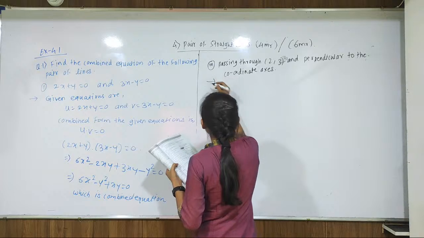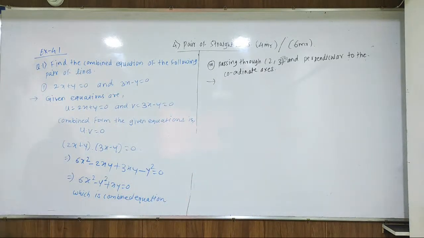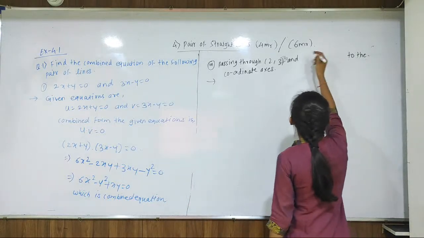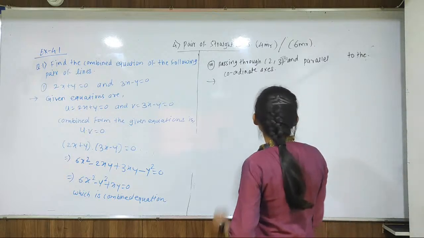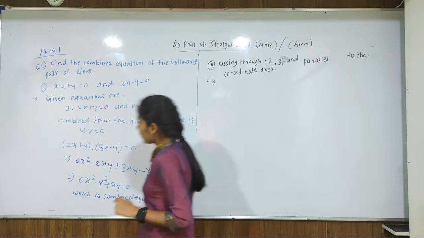So what is given? Passing through the point 2, 3 and not perpendicular, it is parallel. The third one is parallel, the fourth one is perpendicular. So passing through 2, 3 and parallel to the coordinate axis.